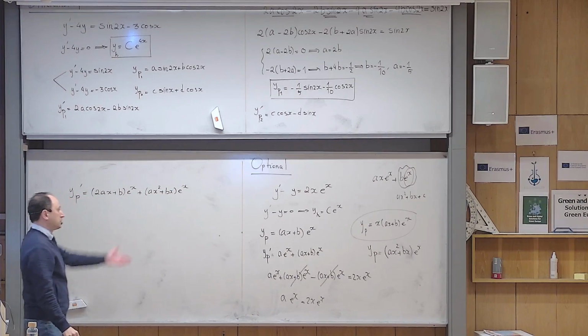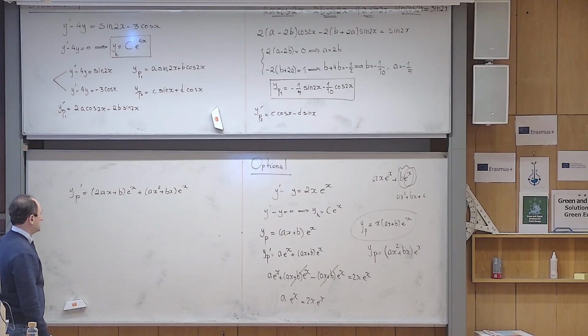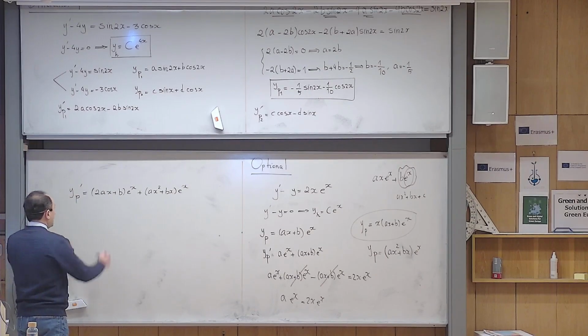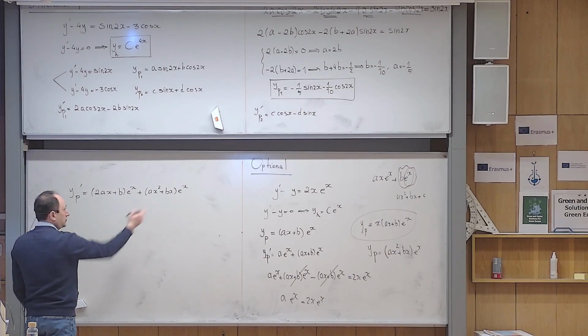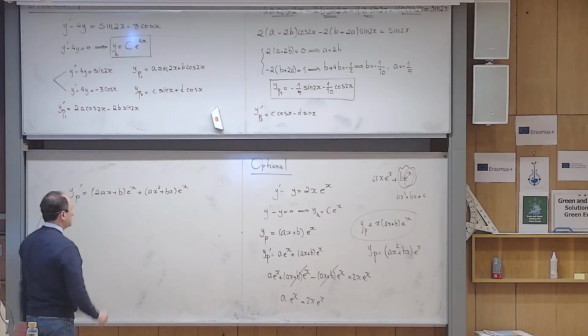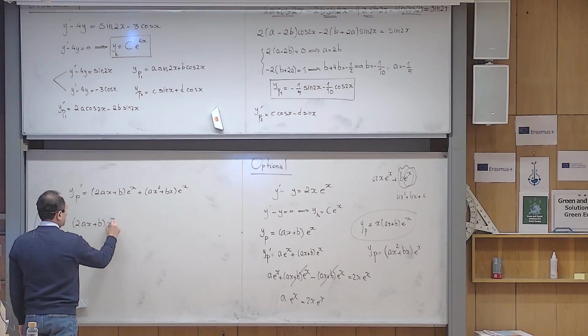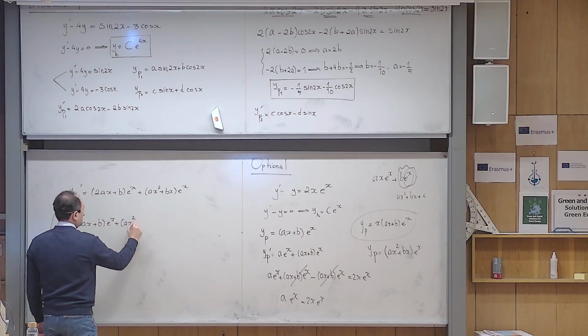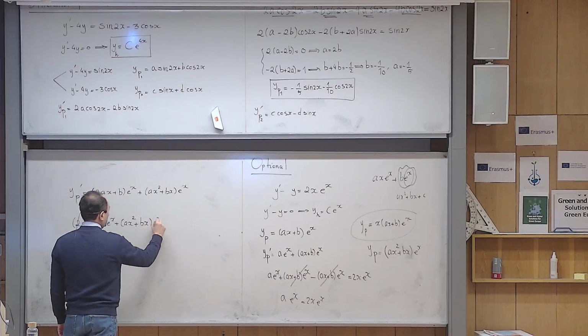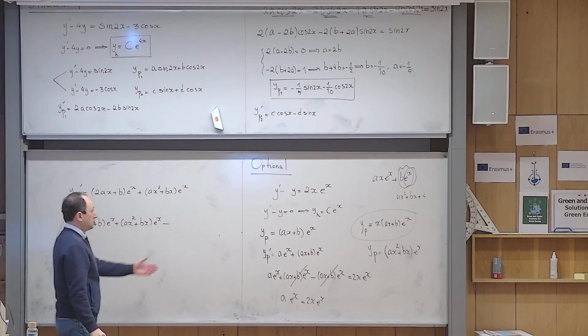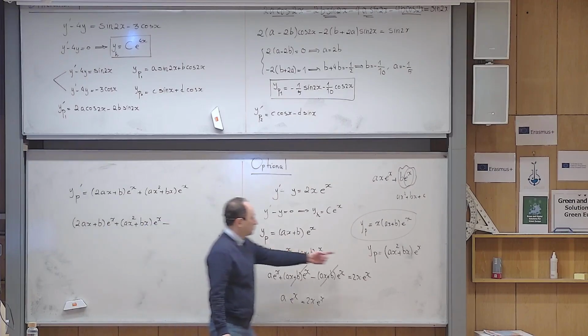But the derivative of the second one is again itself. Okay, so I put everything back into the original equation. This expression for y prime minus this expression for y.